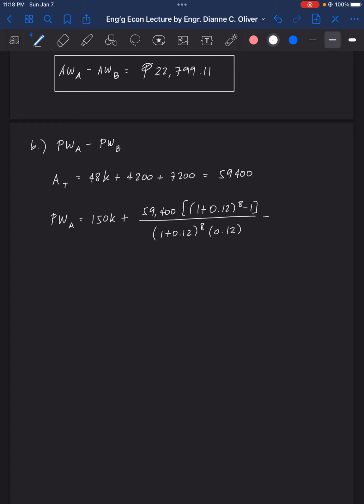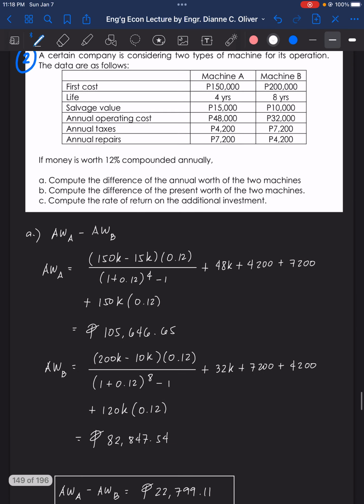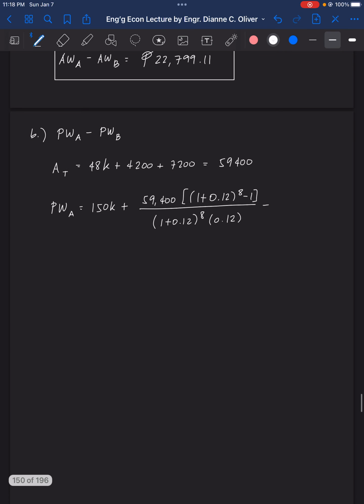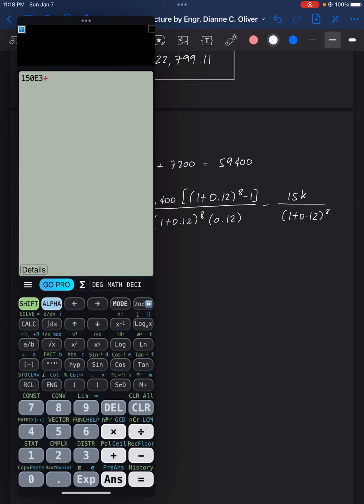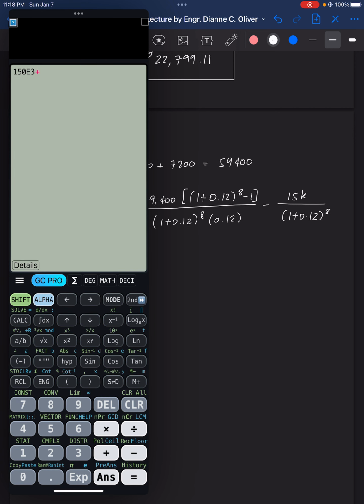Minus the salvage value. How much is the salvage value again? It will be 15,000 pesos, the present worth of a future amount. Again, for the much detailed solution for this method, just check the other videos.